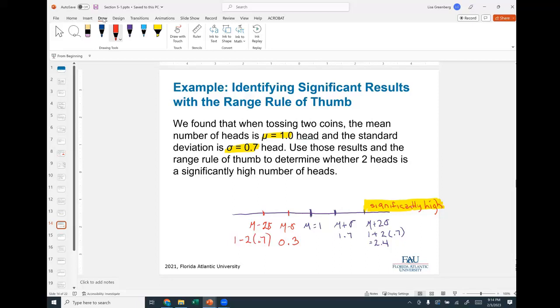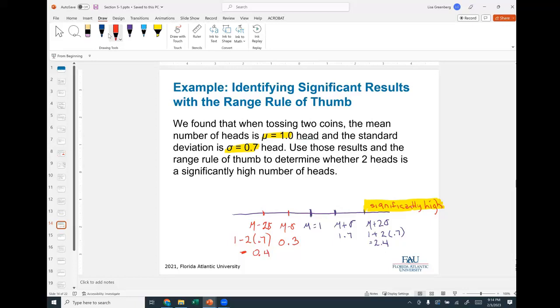2 times 0.7 is 1.4. 1 minus 1.4 is a negative value, negative 0.4. I don't think you could actually get that value. Actually, I'm sorry, it's negative 0.4.